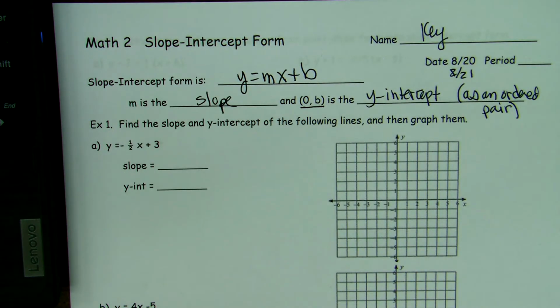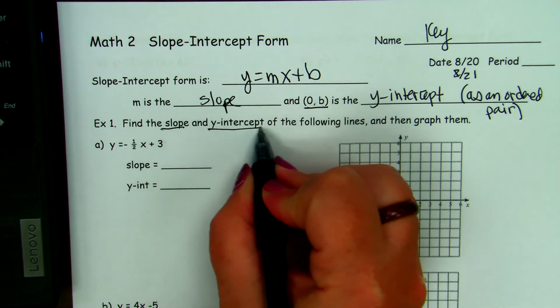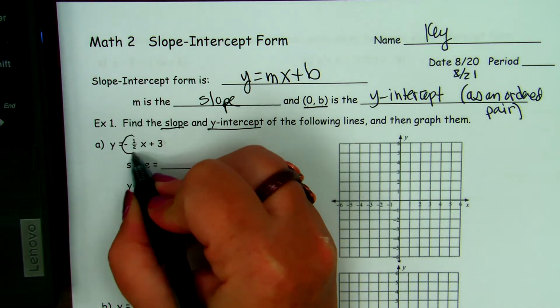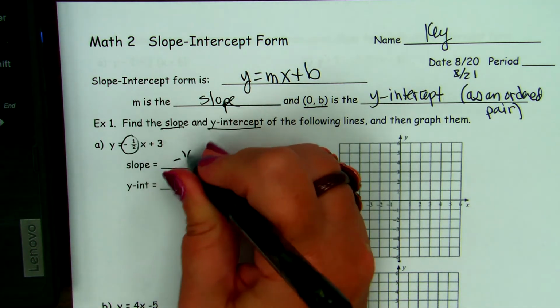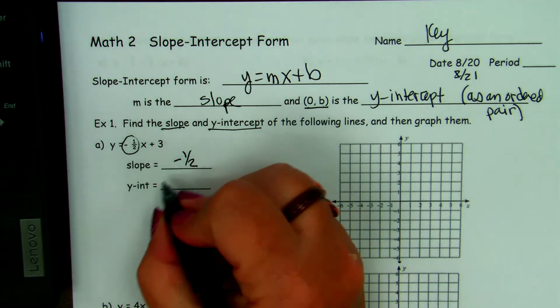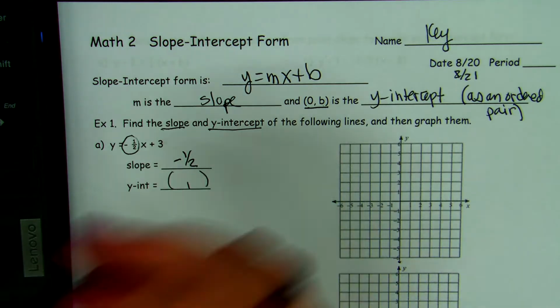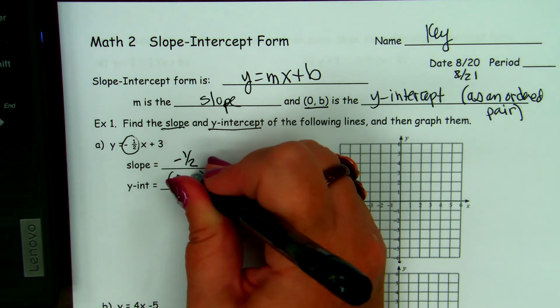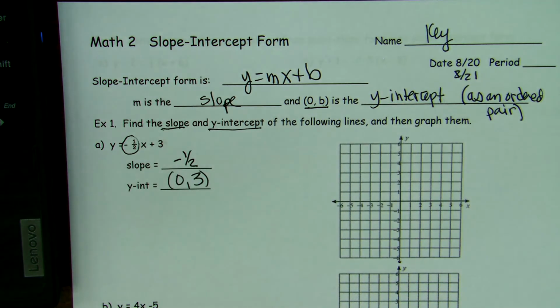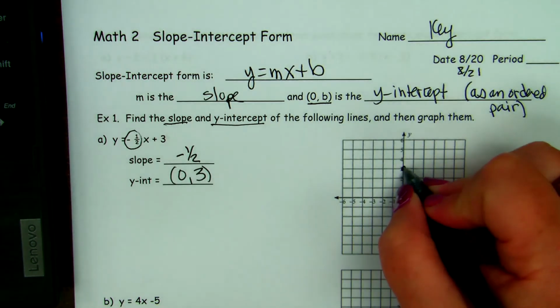Find the slope and y-intercept of the following lines and graph them. So the slope is -1/2. And what's the y-intercept? (0, 3). So where do we start on the y-axis? At 3. At (0, 3).